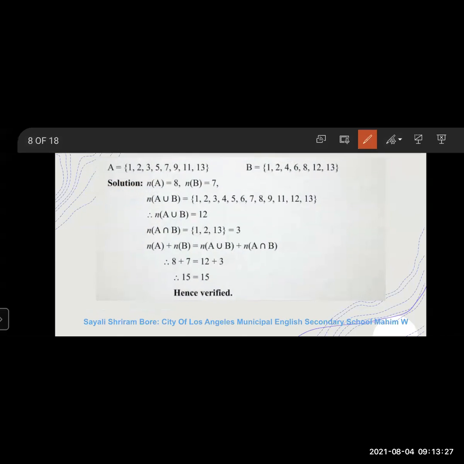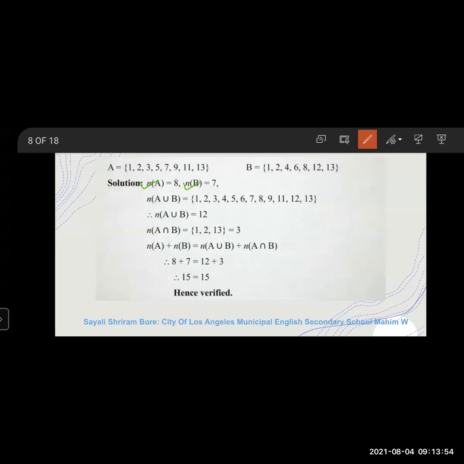One more example of the verification. A is equal to, some elements are given. Here you can see how many elements there are. There are 8 elements, that is n of A is equal to 8, and in B there are 7 elements. Whenever you want to verify, the formula is: union equals A plus B minus intersection.